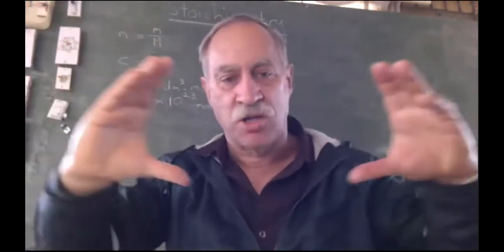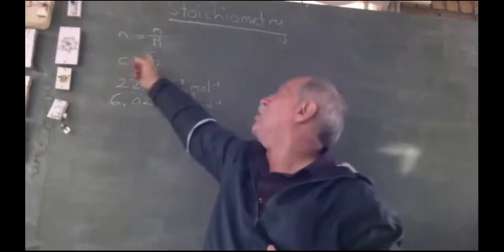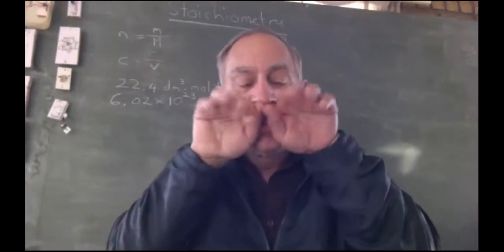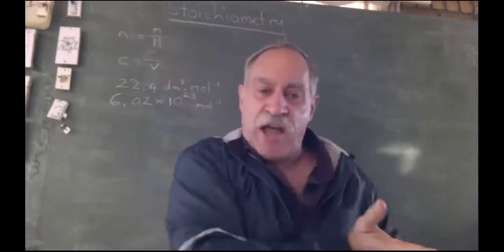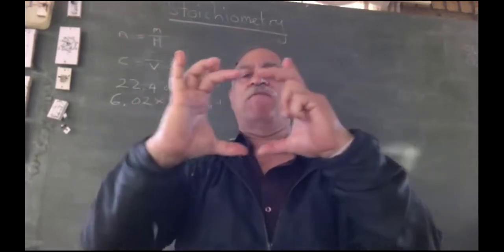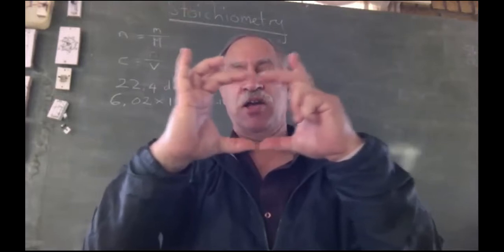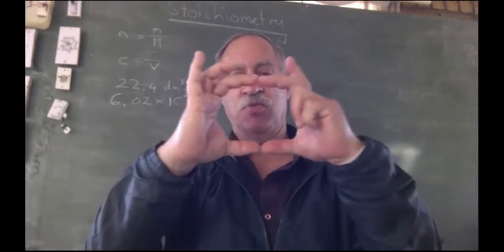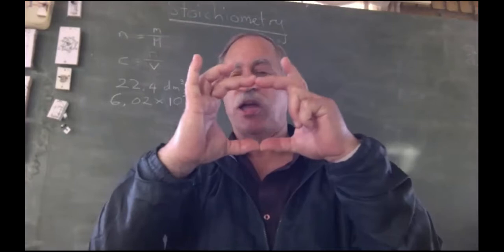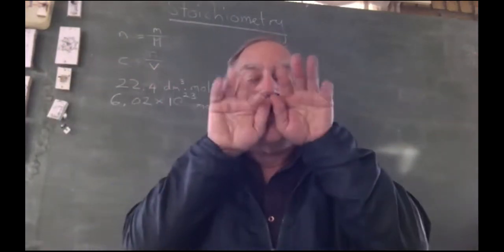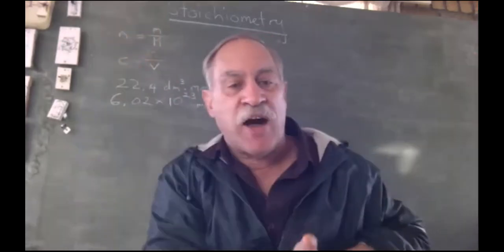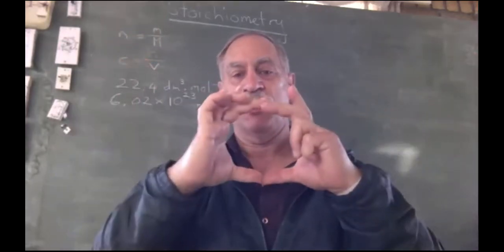So concentration equals moles, M stands for moles, divided by volume. There's your symbol for volume, or decimeter cubed. So concentration equals moles divided by volume.